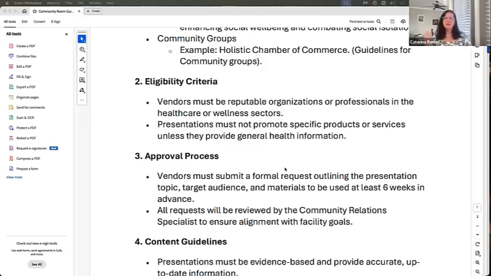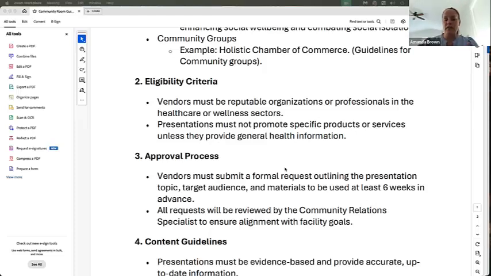Got it. And now the next part is the eligibility criteria. Can you talk to us a little bit about that? Yeah, absolutely. So our vendors must be reputable organizations or professionals in the healthcare or wellness sectors. Presentations must not promote specific products or services unless they provide general health information. So I was speaking with Karen earlier, trying to explain what that really means.